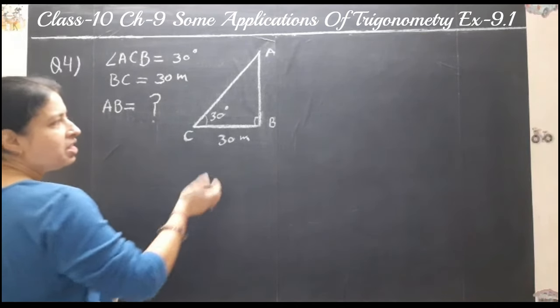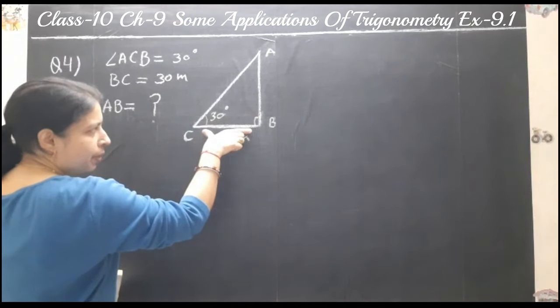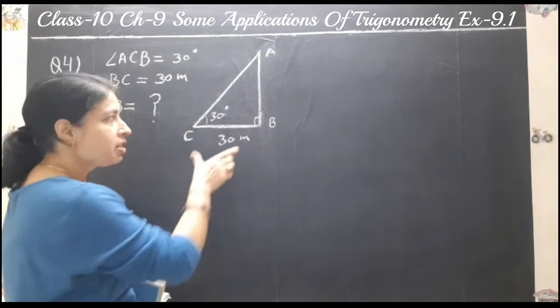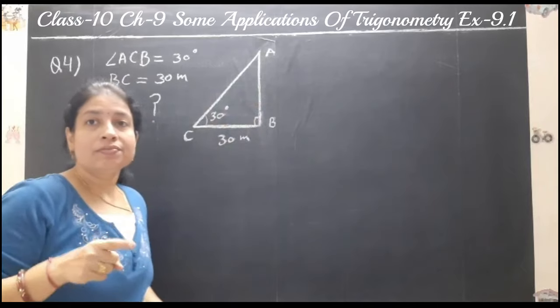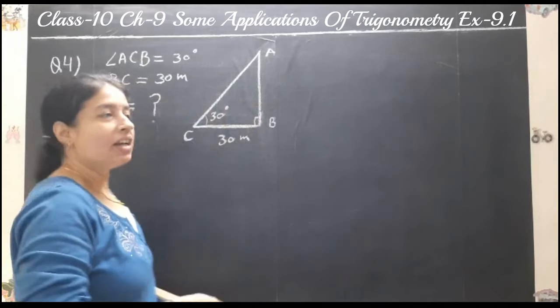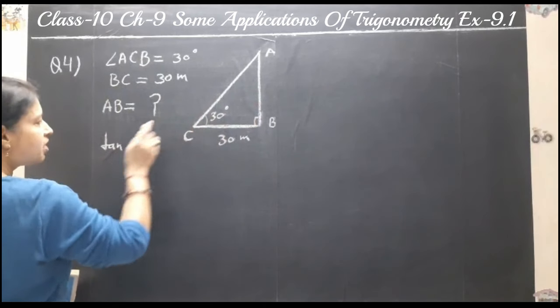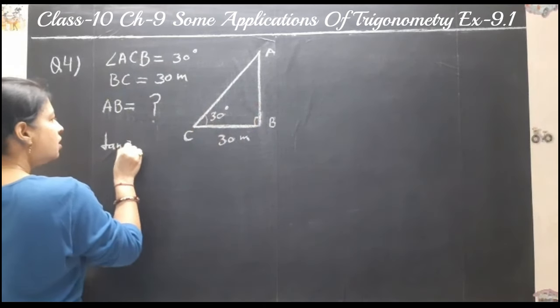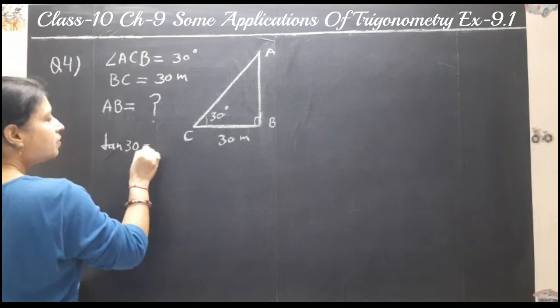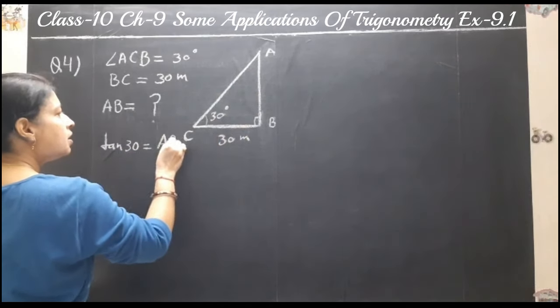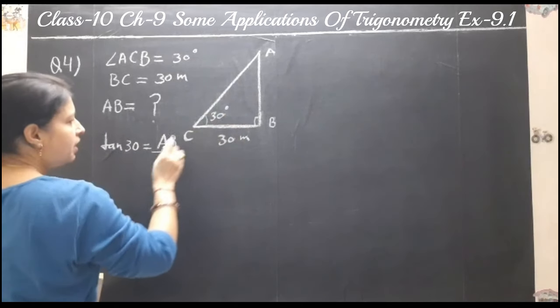Then think what is the relation between this base and perpendicular distance. Yes, this ratio is called tan theta. So what is the formula for tan theta? Here theta is 30 degree for this angle. Tan theta will be AB divided by BC.